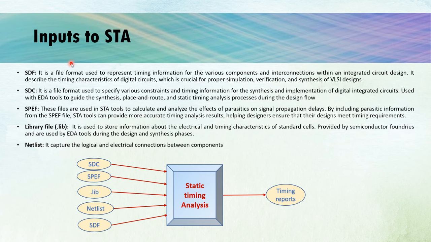Static timing analysis is a method of checking the timing performance of a digital circuit. It checks if all the signals in the circuit arrive at the right time and at the right place. It does this by calculating the time it takes for each signal to travel through a circuit and checking if it is meeting the timing constraints or not.